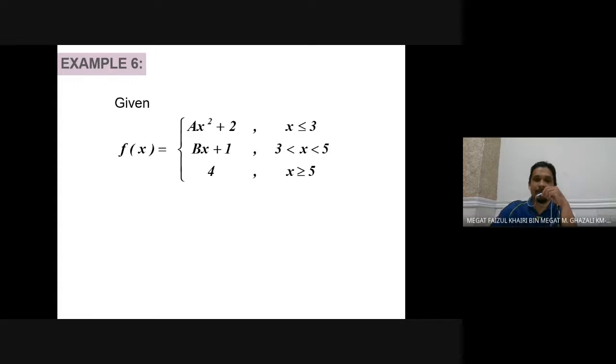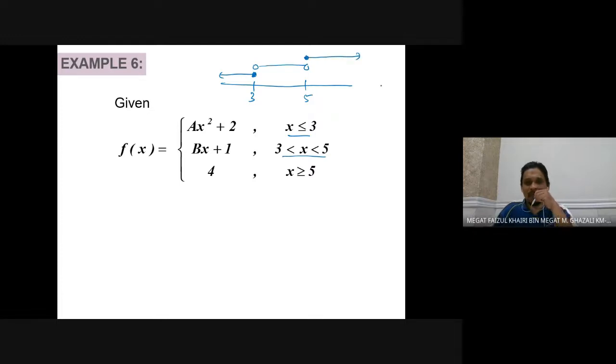Okay, now divide this into 3 sections: x less than or equal to 3, the next domain from 3 until 5, and x greater than or equal to 5.